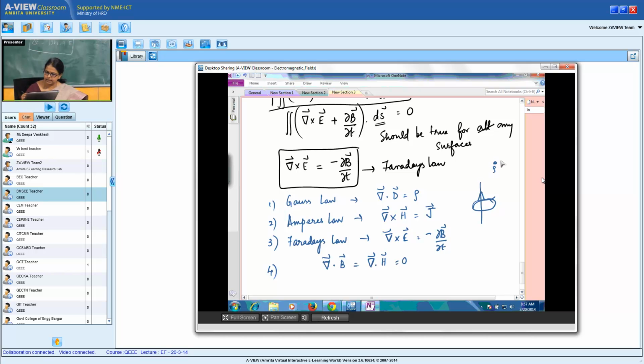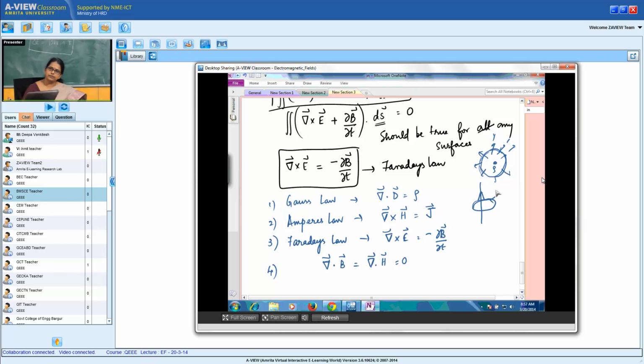Suppose I have a charge rho, if I draw the electric field around it, we know that the electric field is diverging, spreading out from the charge. If I take an arbitrary surface around the charge, I can calculate how much is the flux density and I will get a non-zero value.